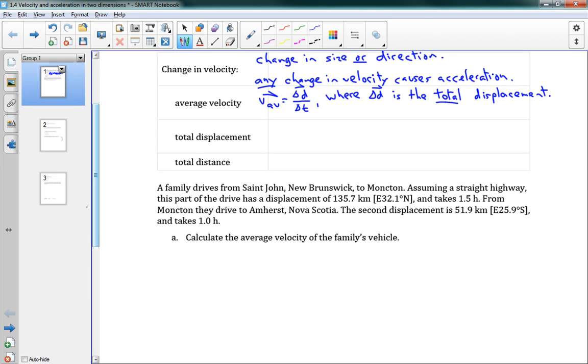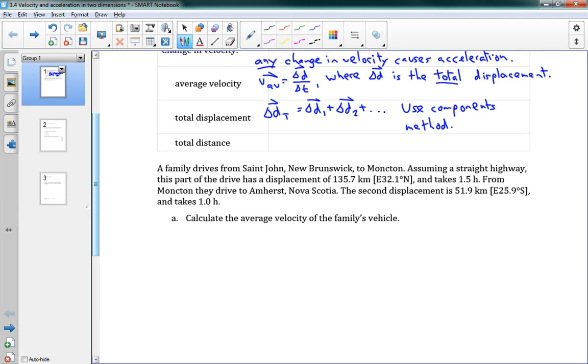So remember, total displacement is displacement 1 plus displacement 2 ... You just add all the displacements together. And for this, we use our components method. If you prefer using a different method, that's okay, but in the examples I'll be using the components method to solve this.